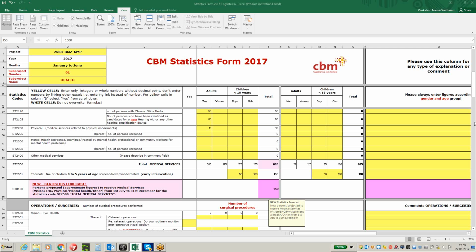Is something going wrong? Are deliveries not coming? Are there things that might prevent the partner from actually doing their activities? That would give you the chance in the middle of the year to still improve or get some barriers removed that are hampering the project work.